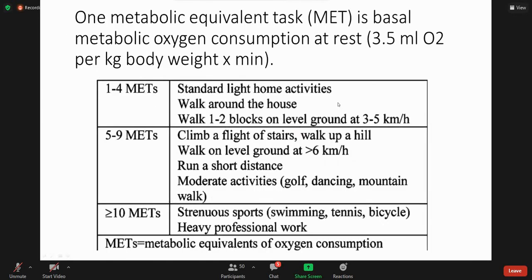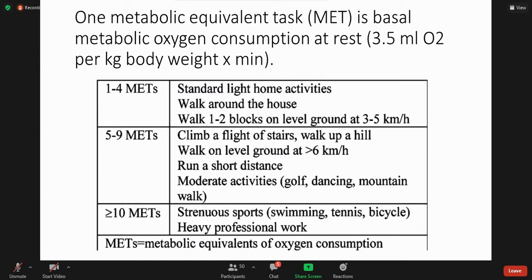So the functional activity of the patient is calculated by metabolic equivalent task, that is MET scoring. What is MET? Basically, MET is the metabolic oxygen consumption at rest. In simple words, how much oxygen an individual consumes at rest, that is called metabolic equivalent task. That is actually 3.5 ml oxygen per kg body weight per minute.